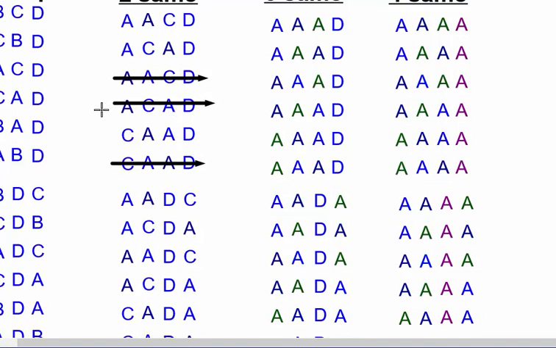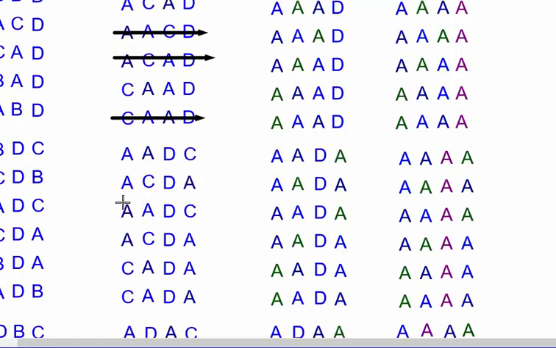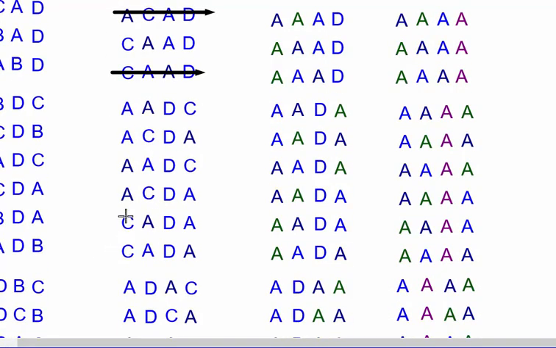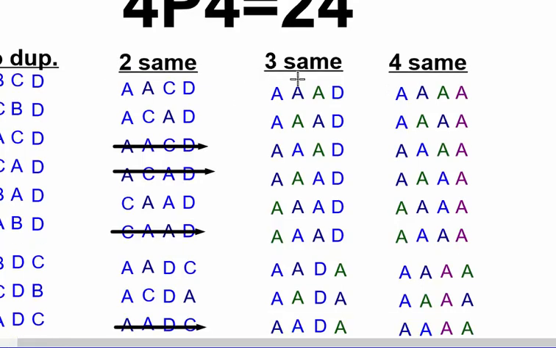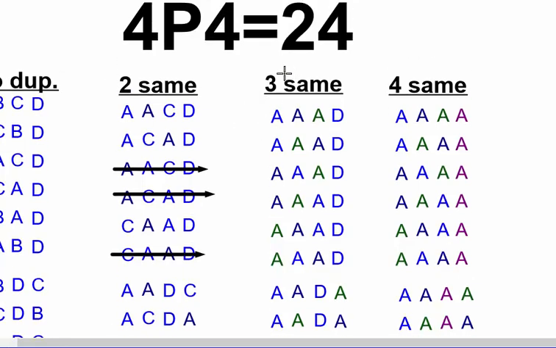I'm down from 6 in this grouping to 3. And if I go through each of the next groupings, we see the same thing. AADC with an AADC, ACDA, ACDA, CADA, CADA. And so once again, by having 2 the same, we end up with half as many options in the end. So 24 divided by 2. Again, though, really it's 24 divided by 2 factorial, which we'll see as we look at these next few.